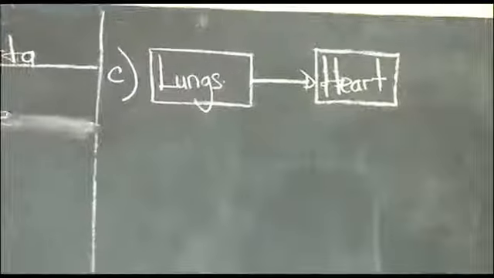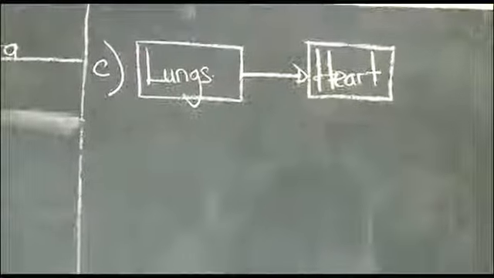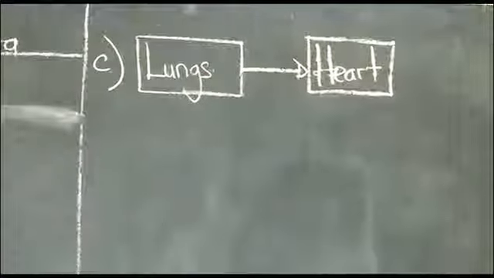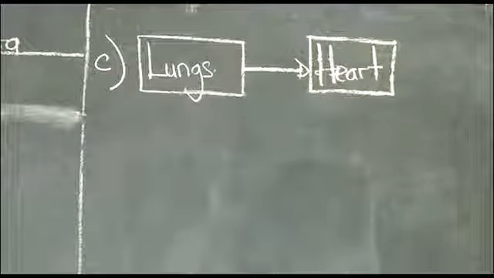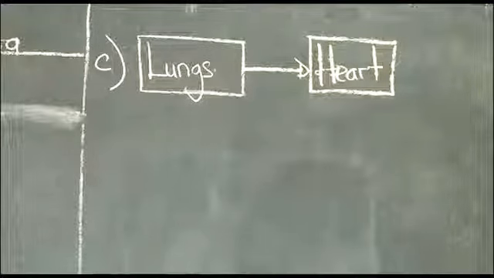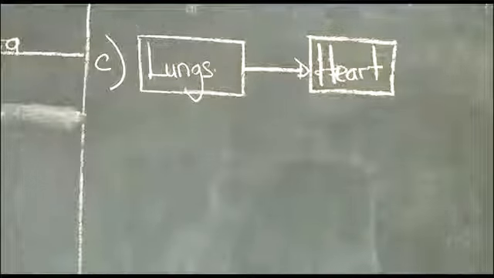It's a wrong arrangement, because when you talk about circulation, you need to have blood from the heart back to the heart. You should have those components. So only from lungs to the heart is just part, not a complete circulation.